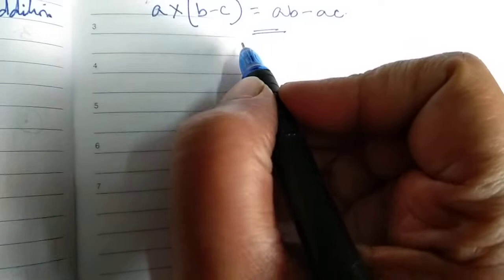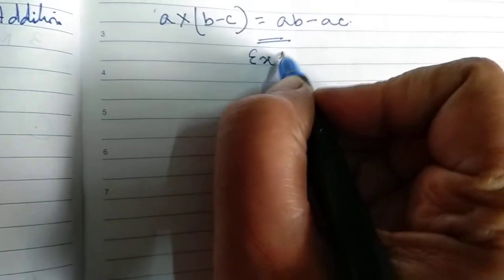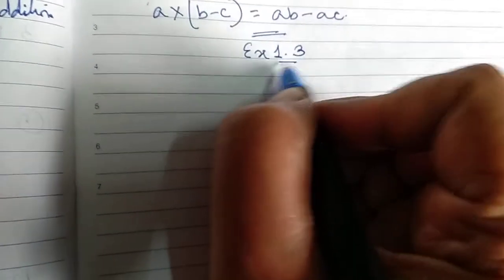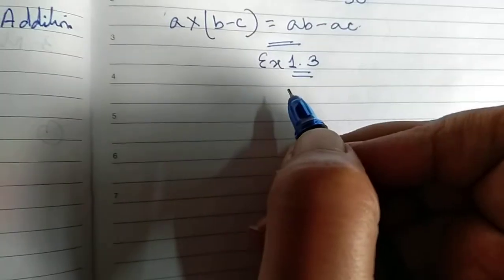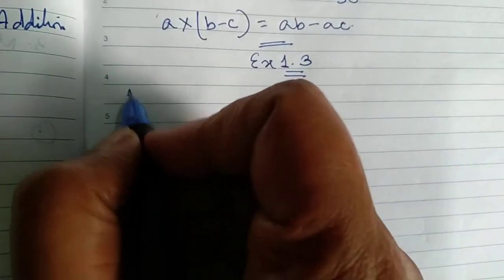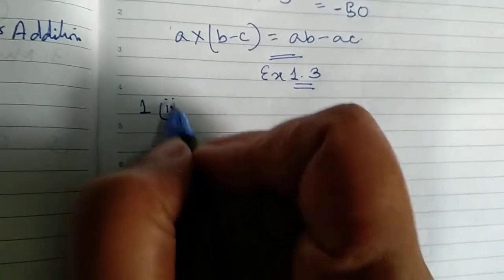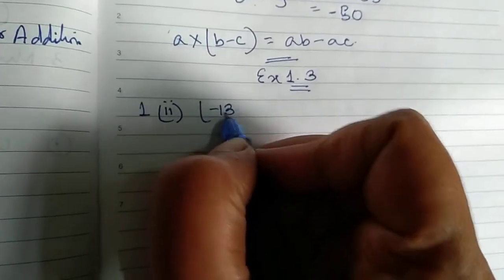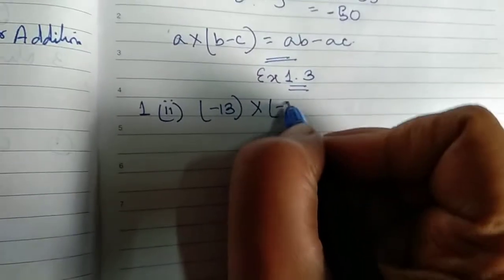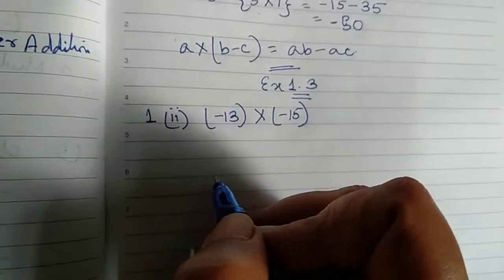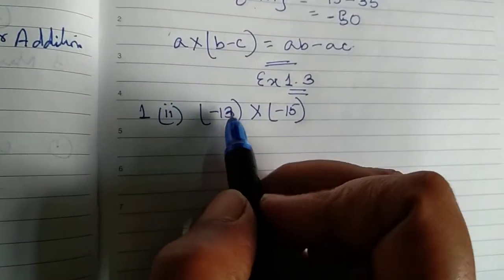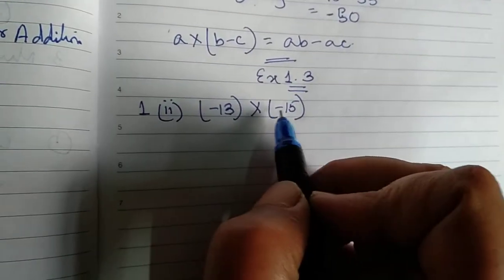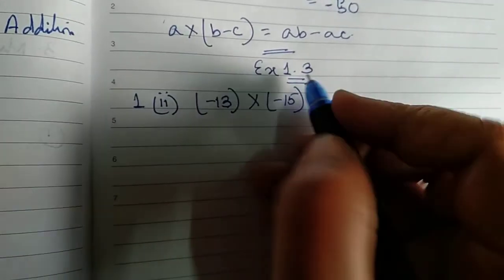So we start with exercise 1.3. Find the following product. Suppose I do question number 1, the second part. Minus 13 into minus 15. Then what do you do? You multiply just 15 into 13 and the sign will be plus.